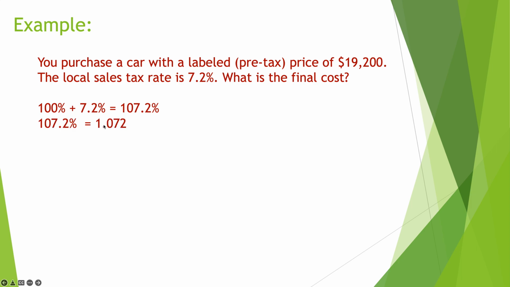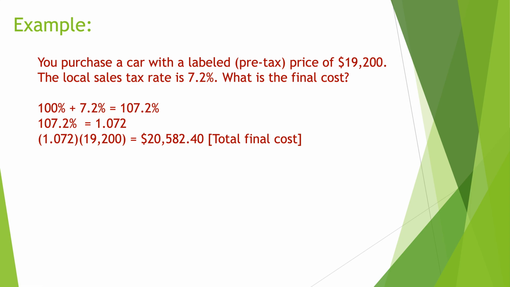So 107.2% is 1.072. Remember, move that decimal 2 places. When you go to a decimal, you move to the left. And then of means multiply. So 1.072 times 19,200 is $20,582.40.